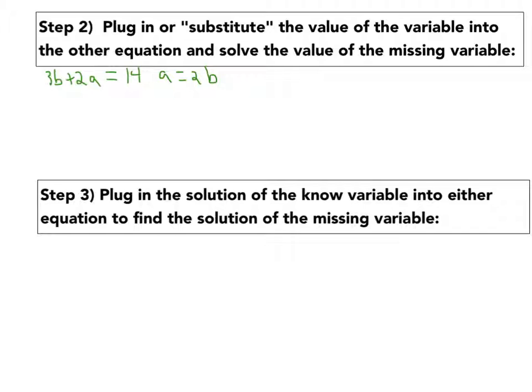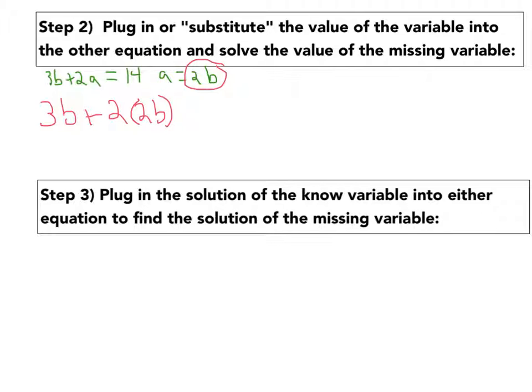So what we're going to do is substitute in the value 2b into our other equation. So we have 3b plus 2a. We're going to substitute in 2b for a.